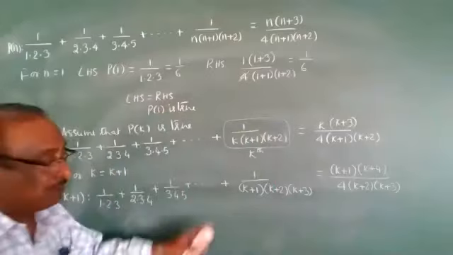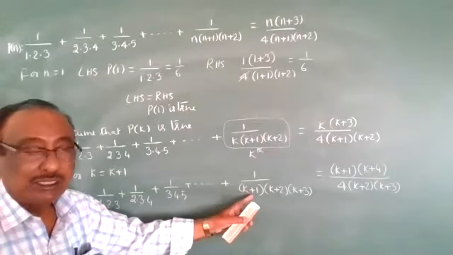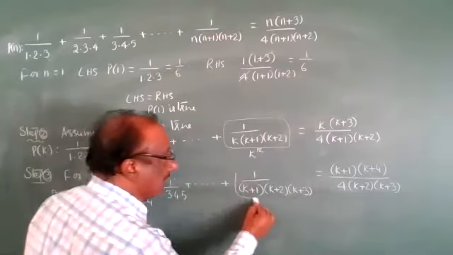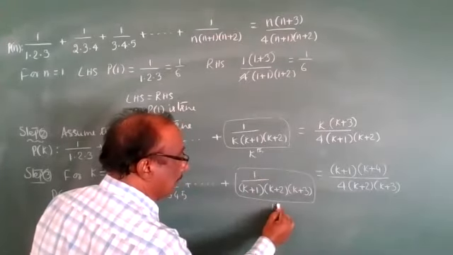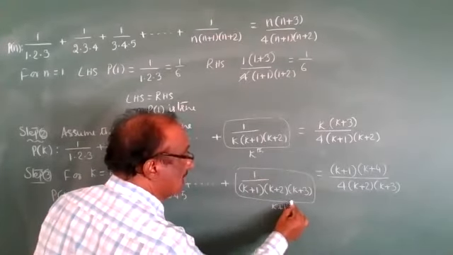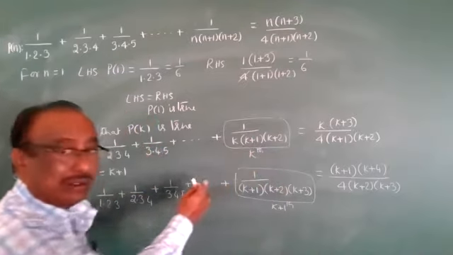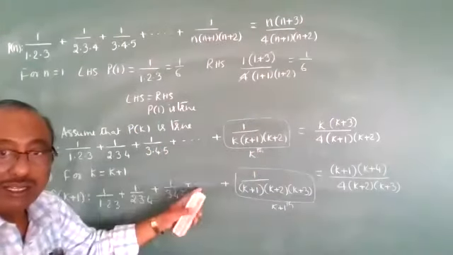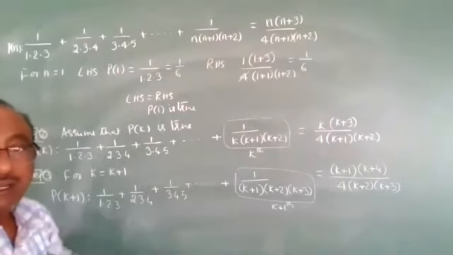Upon 4, k plus 1 plus 1 is k plus 2, k plus 1 plus 2 is k plus 3. Before this is the k plus 1th number. Before it is the kth number. Just copy this one here.